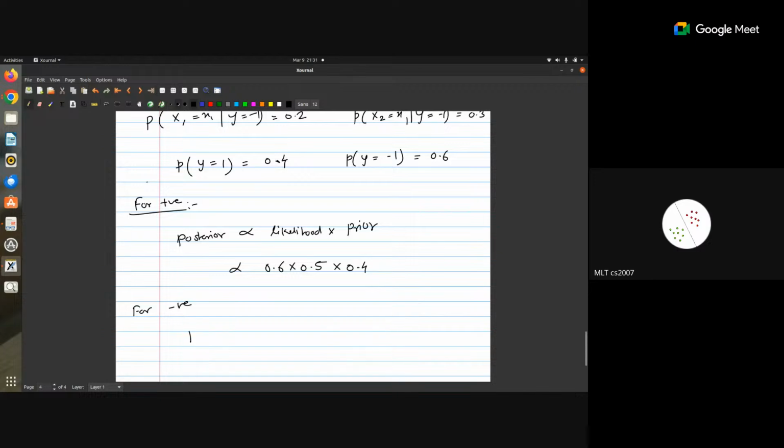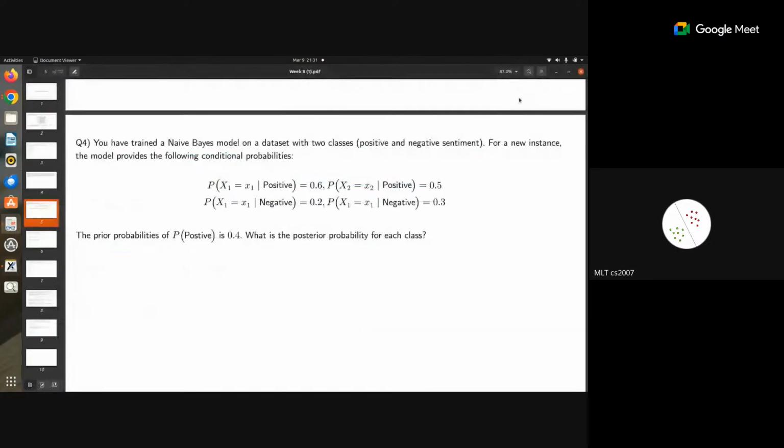And what about the negative class? What is the likelihood here? 0.2 into 0.3 into 0.6. So if I just calculate, is that correct? What are your values?